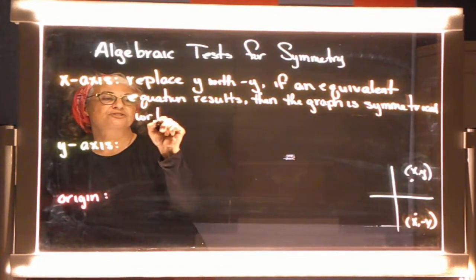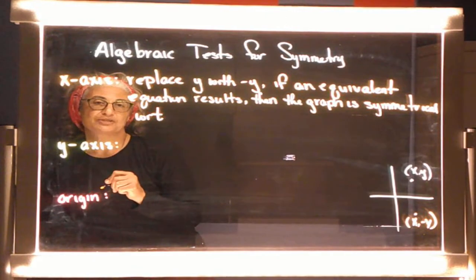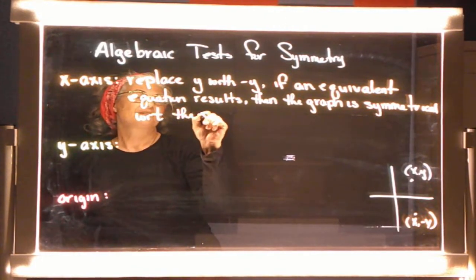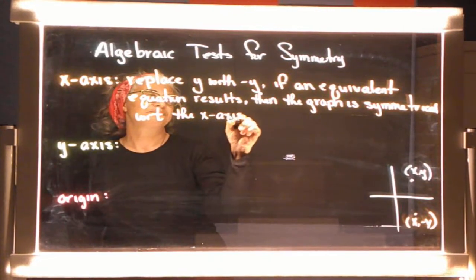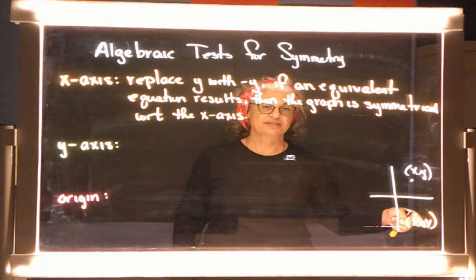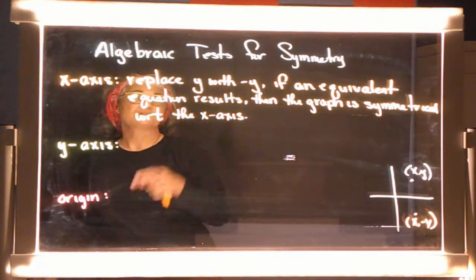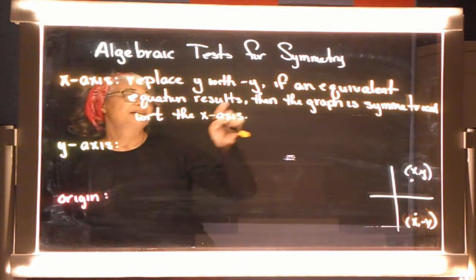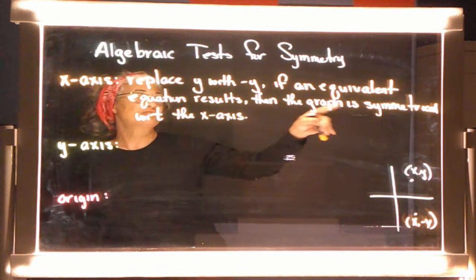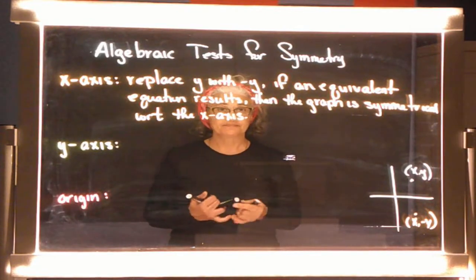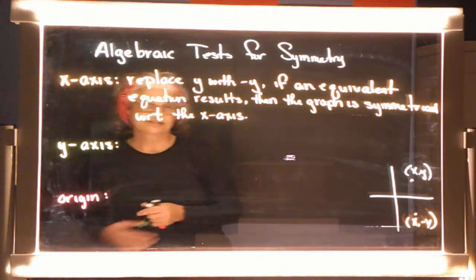WRT is my shorthand for with respect to the x-axis. So when you replace y with negative y, and the equation that results is equivalent to the original equation, then the actual graph of that equation will be symmetrical with respect to the x-axis. Good? Okay, let's look at y-axis symmetry.